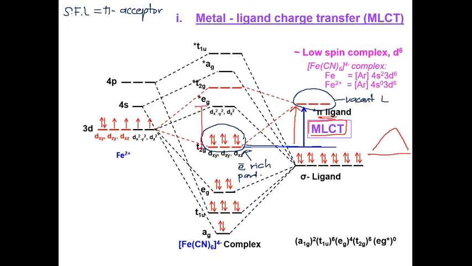So from the T2G towards the vacant pi orbital, because remember the criteria for MLCT is a vacant ligand orbital and an electron rich metal.